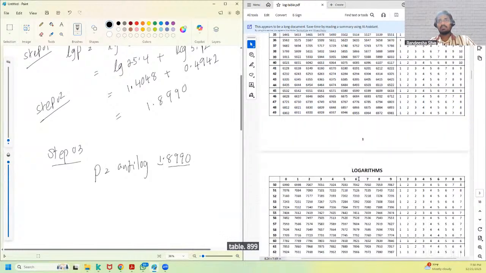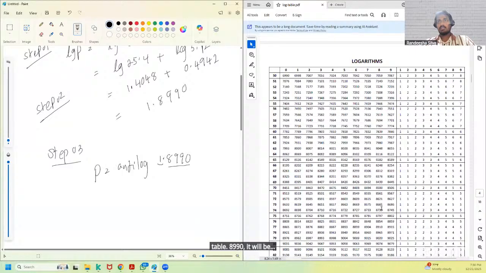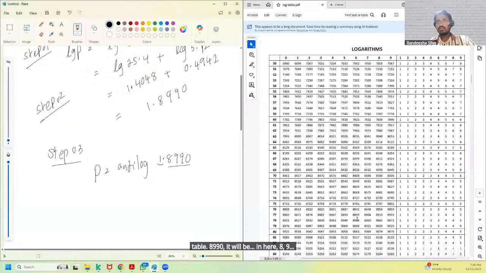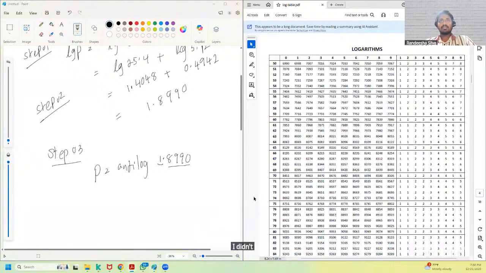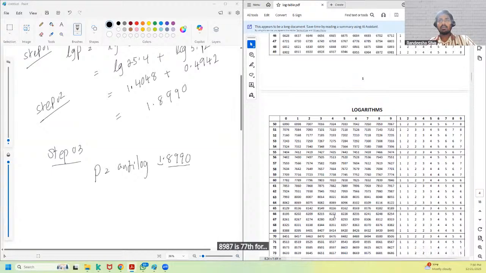8990, it will be in here. 8990, 8993, 8987 is here. I didn't get the exact 8990, so I'm taking 8987, which is 77th row and 4th column.